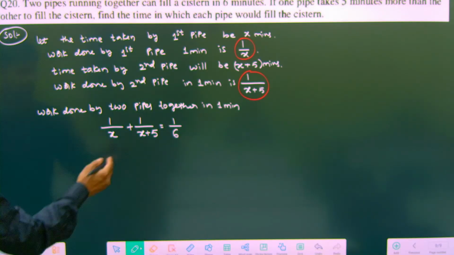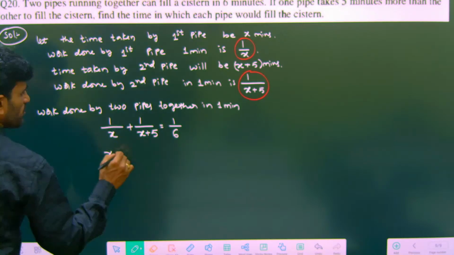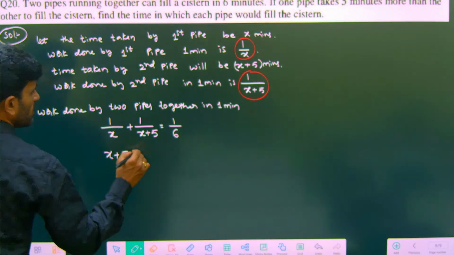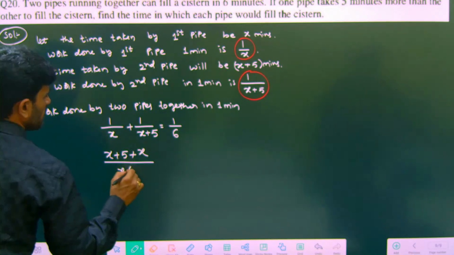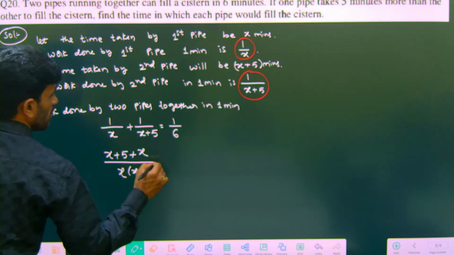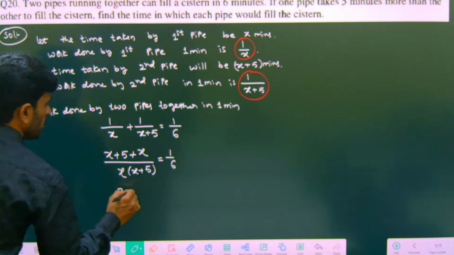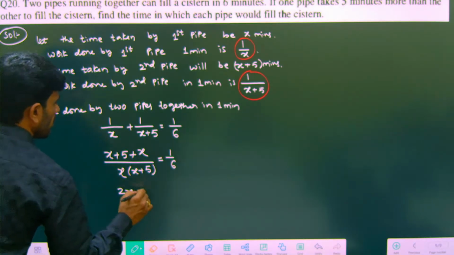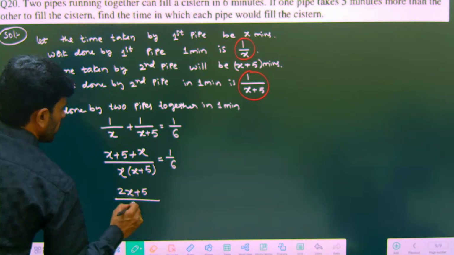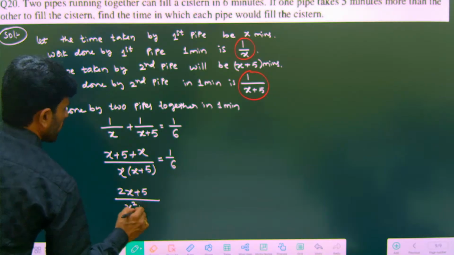So if we take this, x plus 5 plus x by x into x plus 5 is equal to 1 by 6, which is 2x plus 5 by x square plus 5x is equal to 1 by 6.